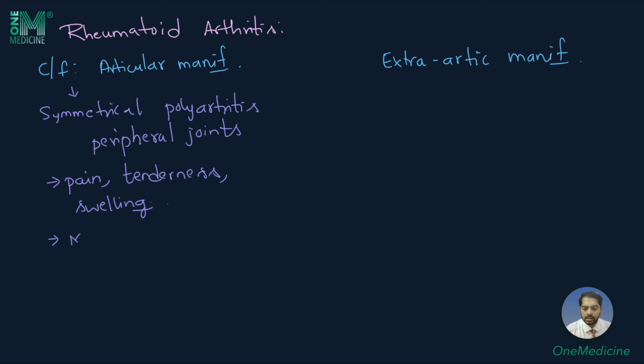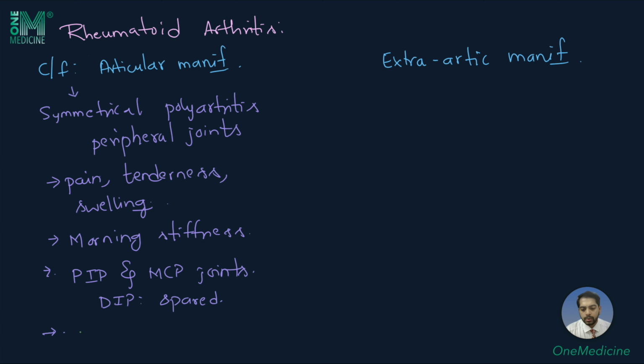Patients can have classical morning stiffness associated with these joints. The most commonly involved peripheral joints include proximal interphalangeal joints and metacarpophalangeal joints. And surprisingly, distal interphalangeal joints are usually spared. Chronic complications include deformities and joint erosions.